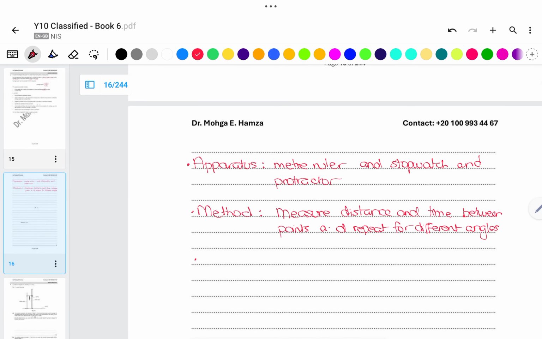So here we're going to write source of inaccuracy, and you need to choose only one. For me, I'm going to write that it's difficult to time at an exact point, due to reaction time. Okay? Next question.